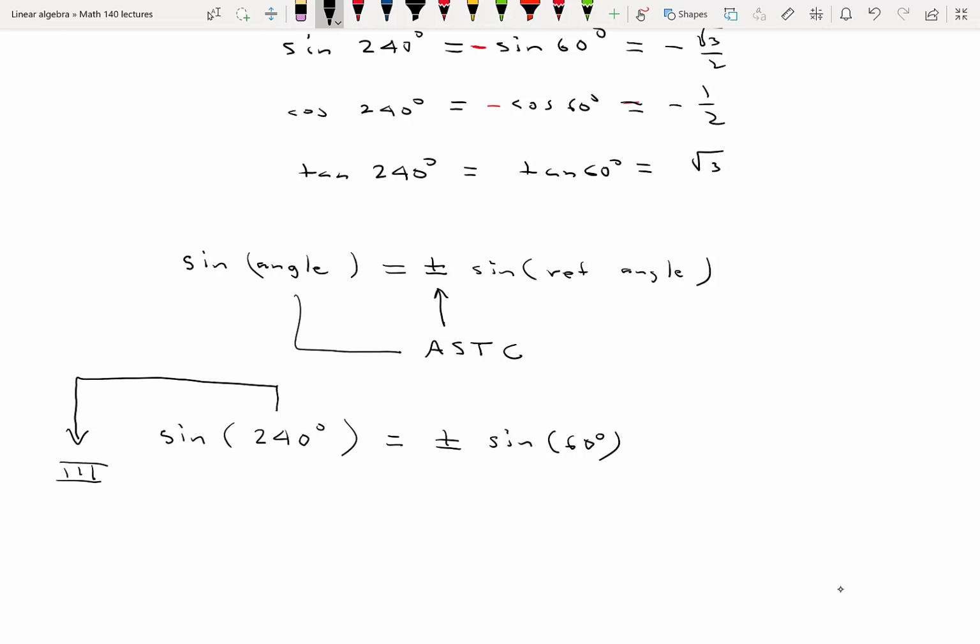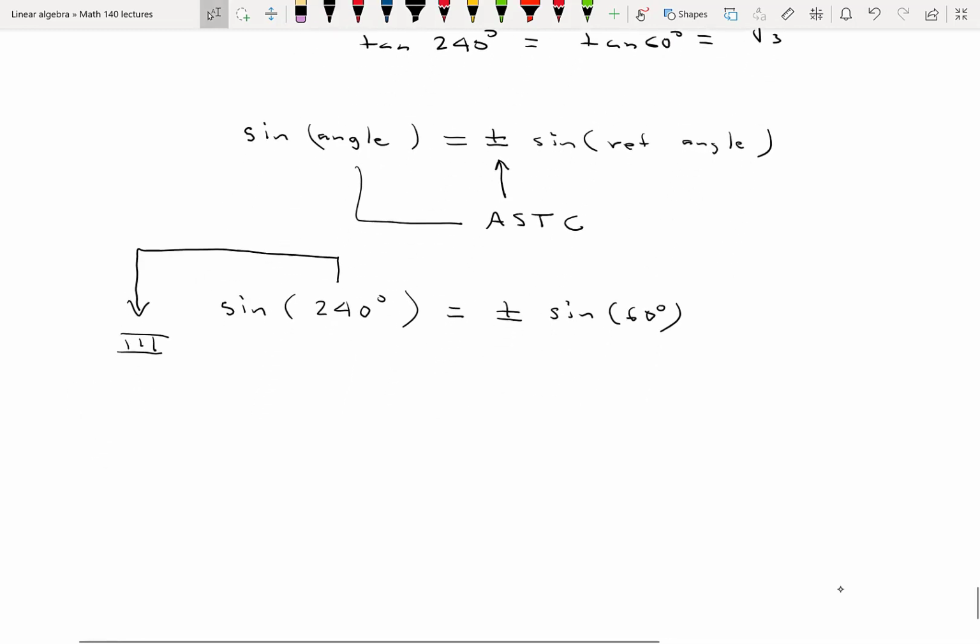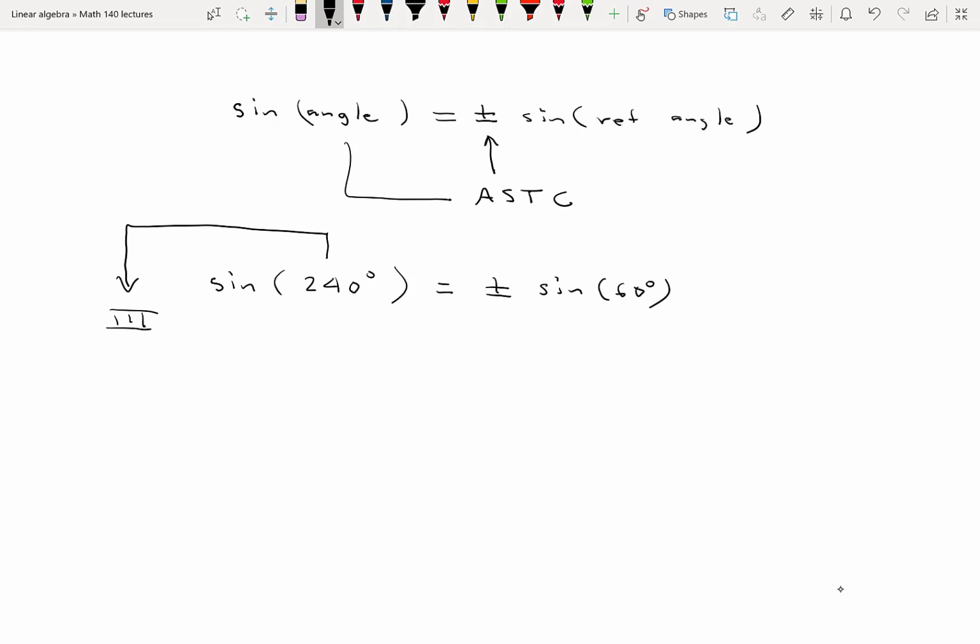It's in quadrant 3. It's 60 degrees past 180. Now, so what? In quadrant 3, all students take calculus, that's the T in all students take calculus. Quadrant 1, quadrant 2, quadrant 3. The tangent and the cotangent are positive. So all the other trig functions are negative. So that says you choose the negative.